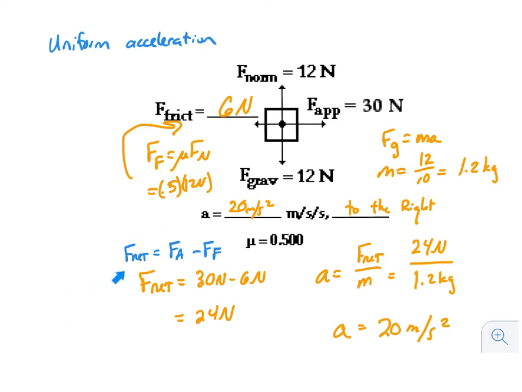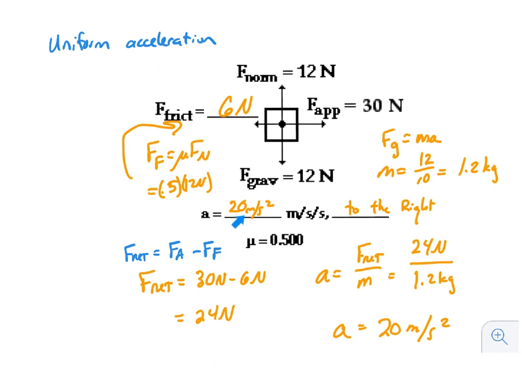We know net force is still applied force minus frictional force, but in order to find that frictional force, now we can use our frictional force equation, mu times force normal. So I'm going to take 0.5, which they give us as the coefficient, times the normal force of 12 newtons, and then I can substitute that in for my net force equation. Subtracting from 30, I end up with 24 newtons of net force.